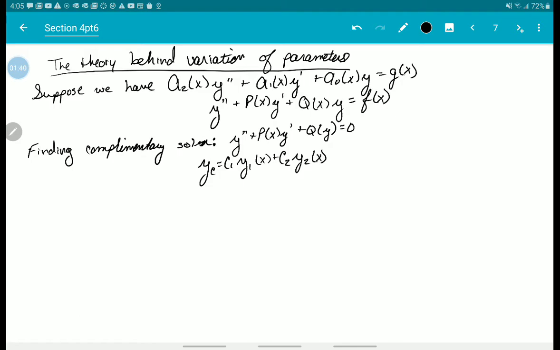We are asking the question, is it possible to replace these coefficients with variable coefficients or with functions? I'm going to call them u1 and u2.